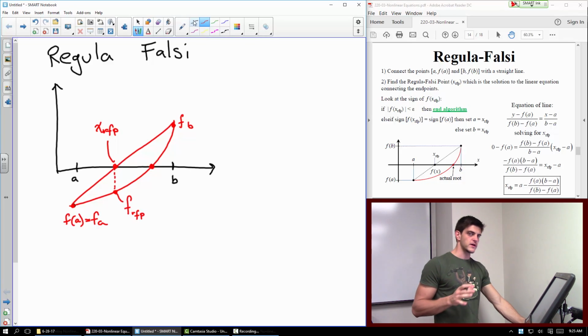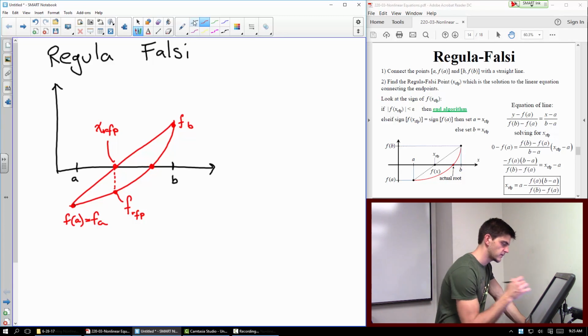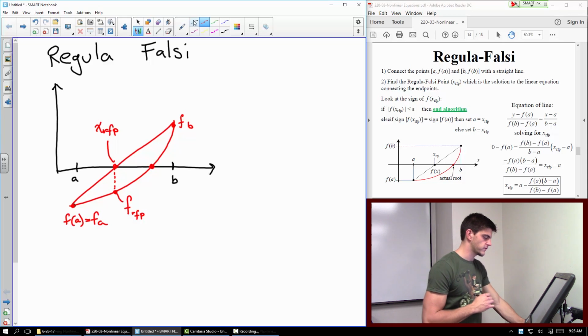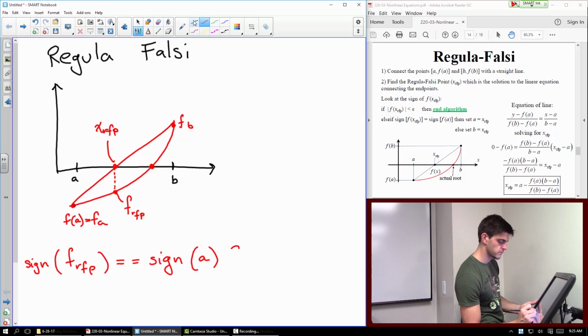And now we're going to do a sign check, similar to the sign check that we did in bisection. We're going to see if F sub RFP is the same sign as F sub B or F sub A. So is the sign of FRFP equal to the sign of A?